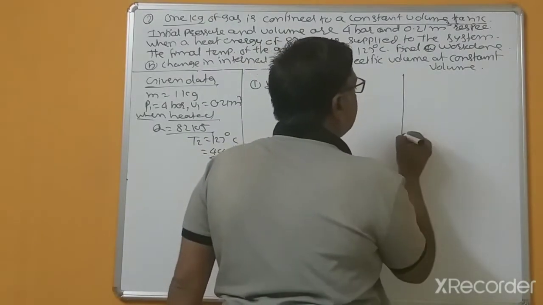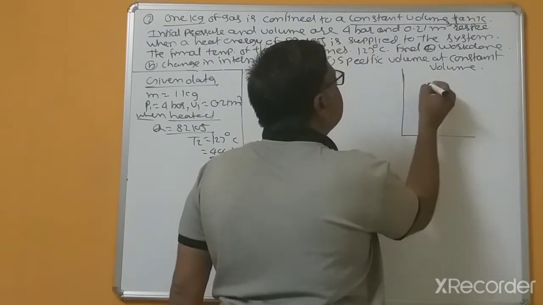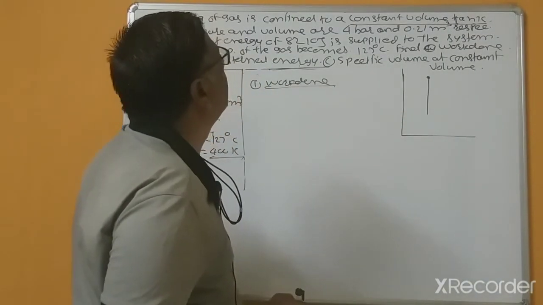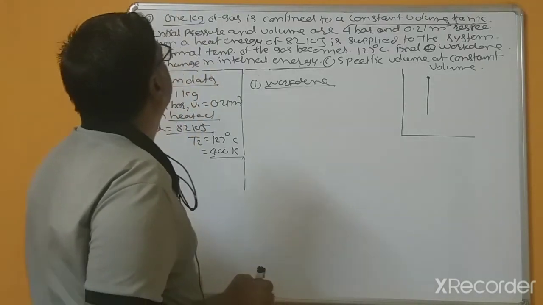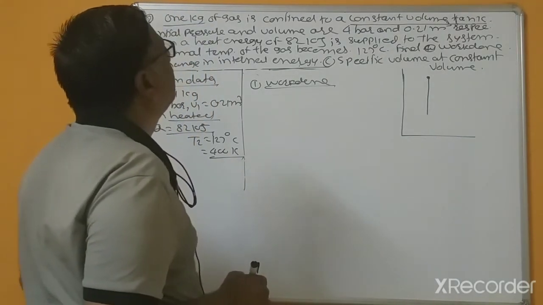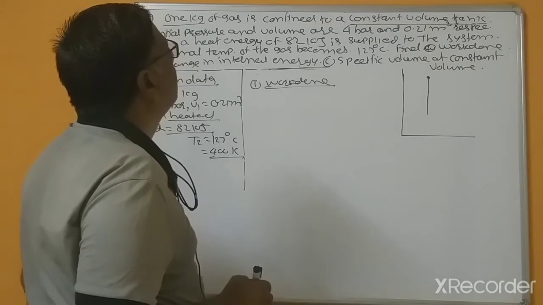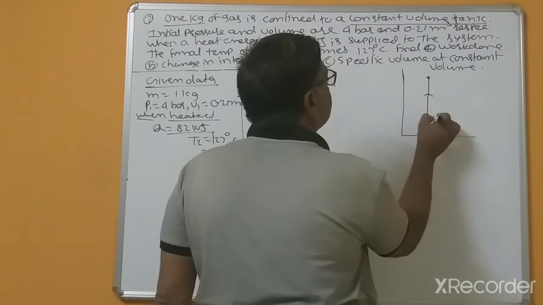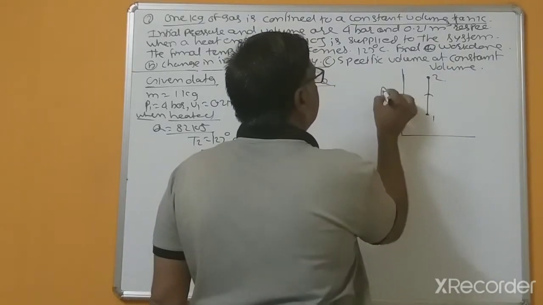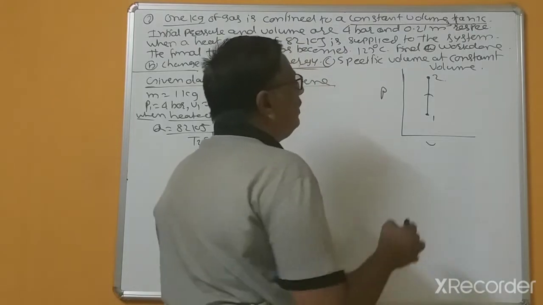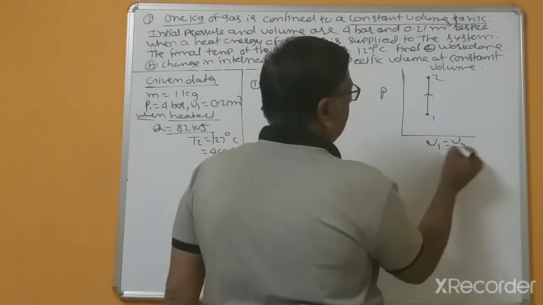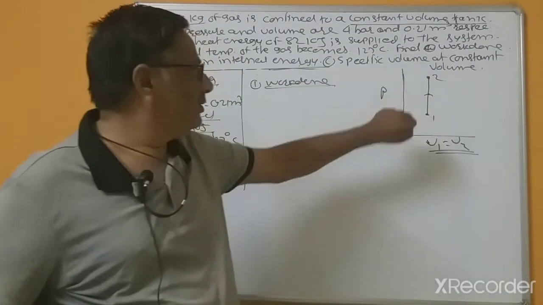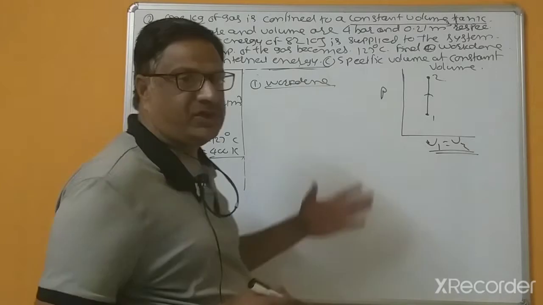So if we plot this process 1 to 2, this is volume V1 equal to V2. That's why the area under this line is 0, because this is constant volume.